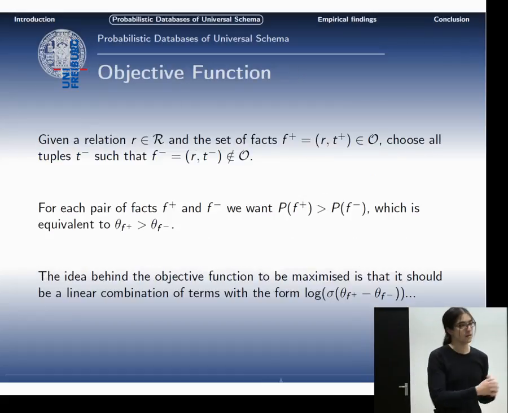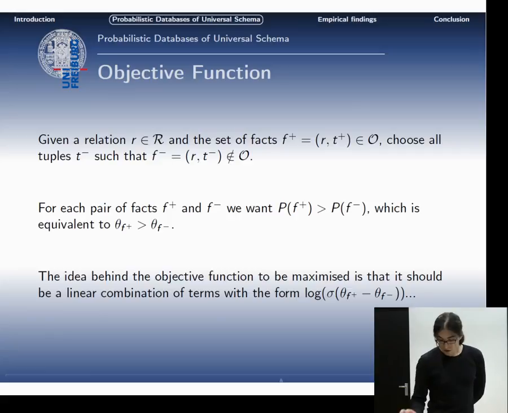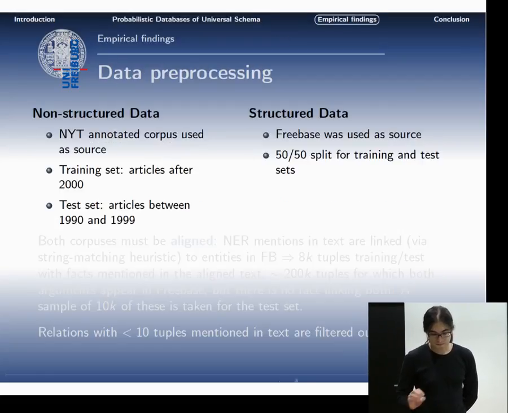And the idea, well, is basically this. We want to maximize log likelihood, which is terms of the form of this down here. So yes, as I said, I don't think it's important to be very detailed about this.